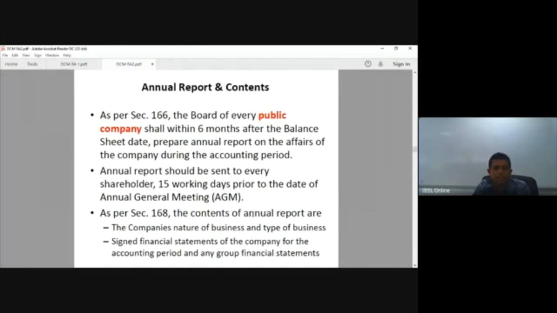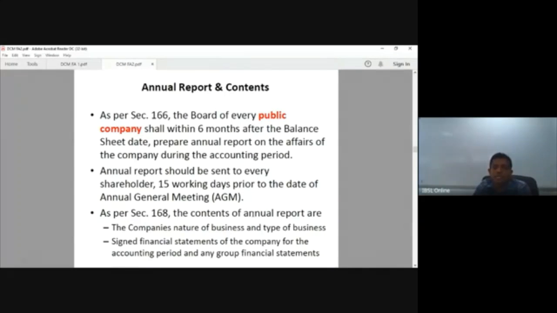The annual report should be sent to every shareholder within 15 working days prior to the AGM. Right? The annual report should reach every shareholder within 15 working days.